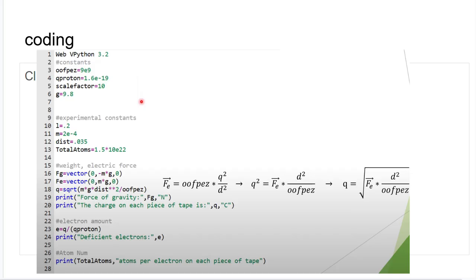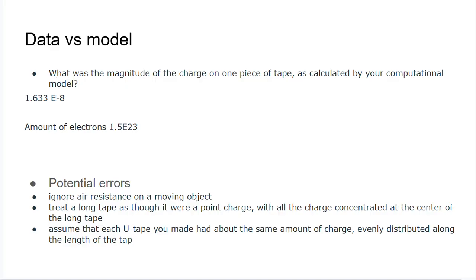A lot of this was used as a calculator of sorts, to determine a lot about the tape, how far they were from each other, how large the charge was, and eventually how many electrons were on the tape. So using this and calculations from data, we found that the charge on one piece of tape was calculated to be 1.633 e to the -8 coulombs, and that there were around 1.5 e to the 23rd electrons on the tape.